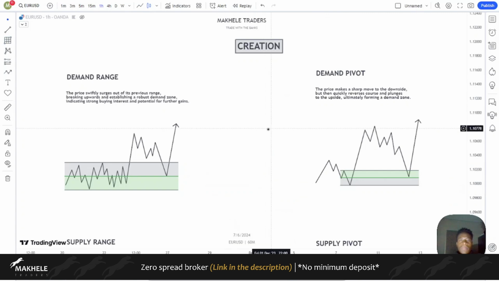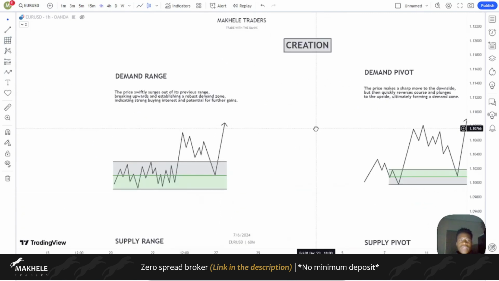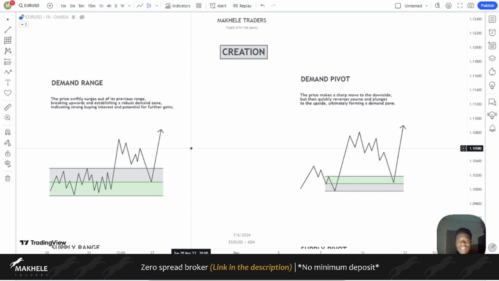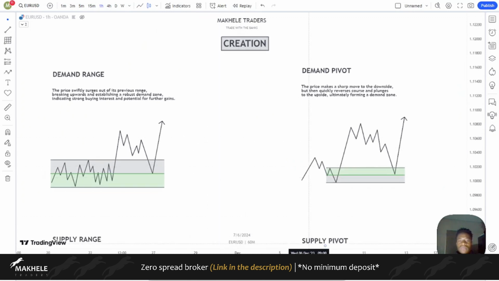So let's continue. Let's look to the left. The one we were looking at is called a demand range. The second one is called a demand pivot. Let's read here: the price makes a sharp move to the downside, but then quickly reverses course and plunges to the upside, ultimately forming a demand zone.